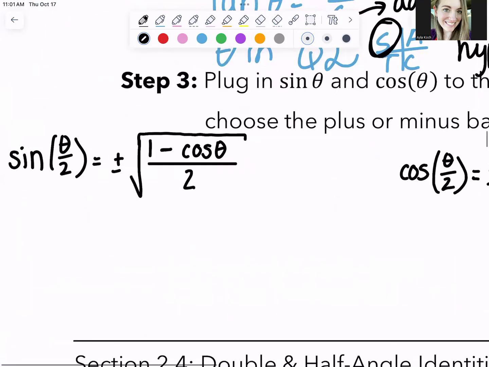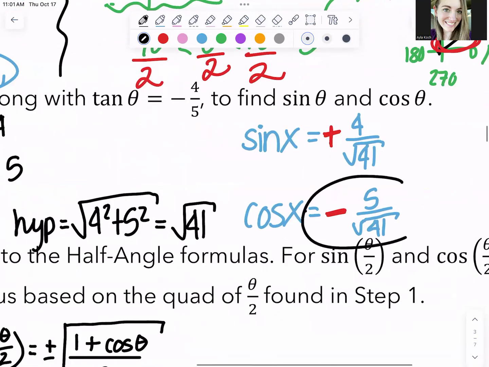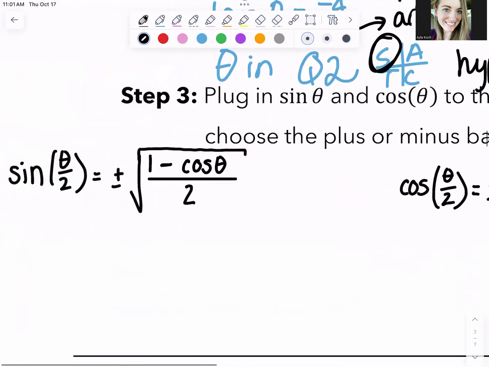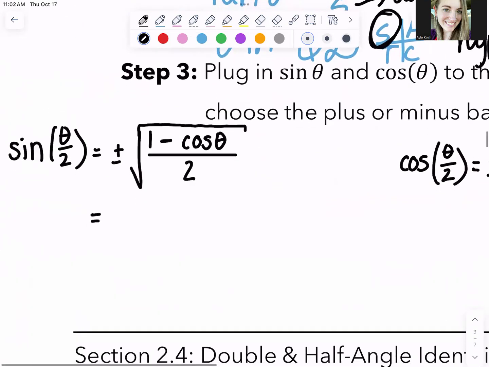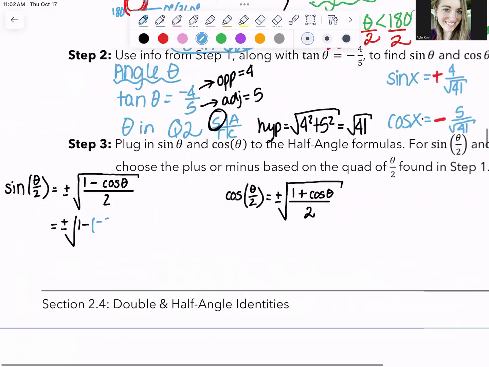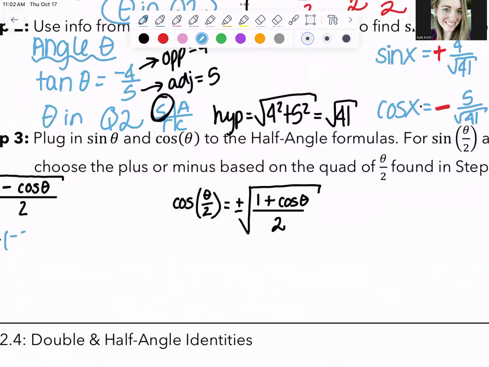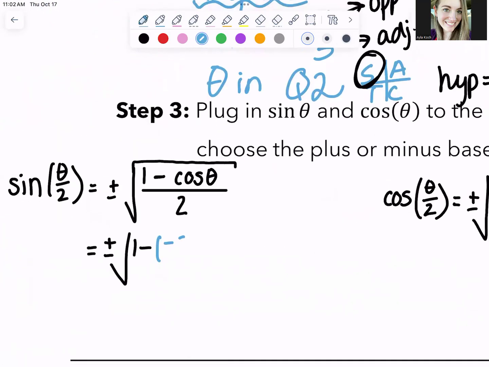But there you go. Cosine of theta, we have as negative 5 over square root 41. Let's see, 1 minus negative 5 over square root 41, all divided by 2.